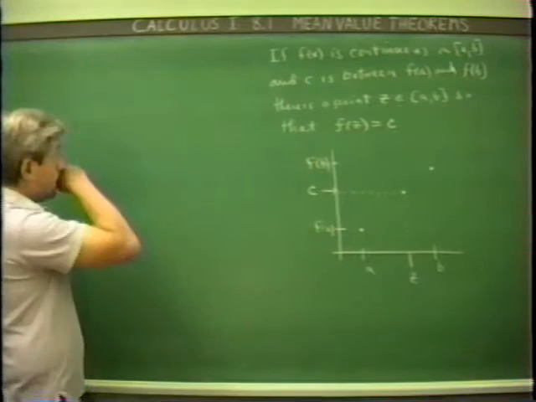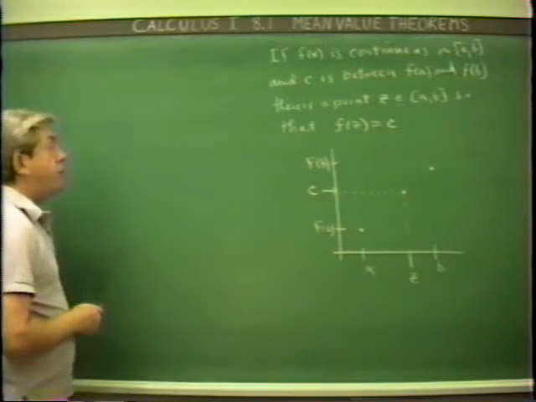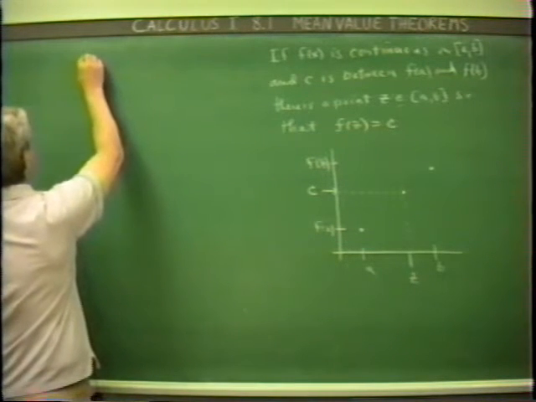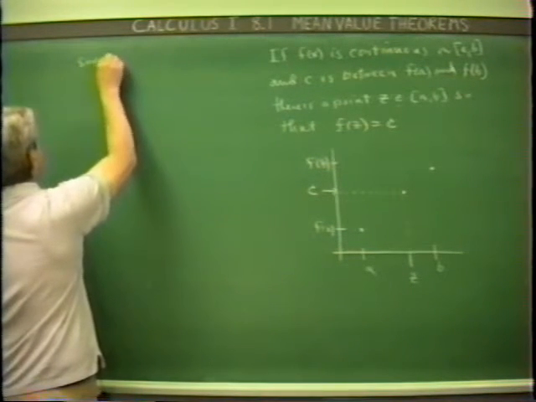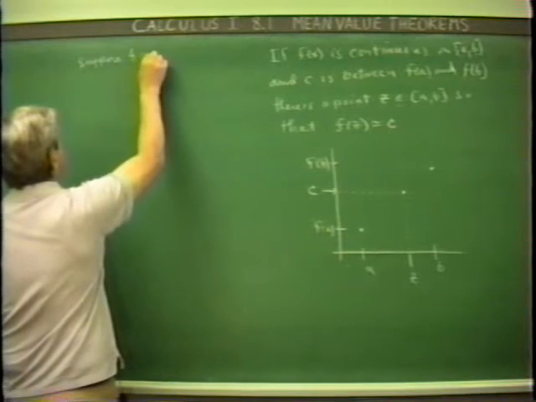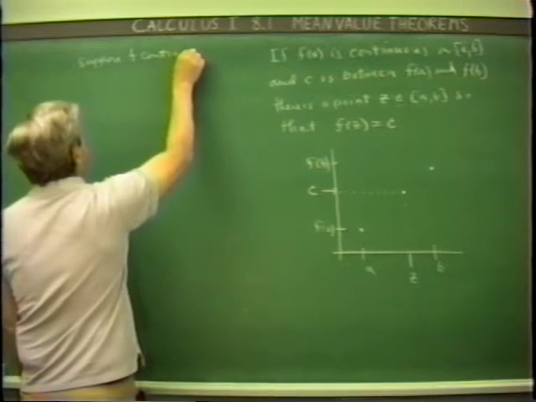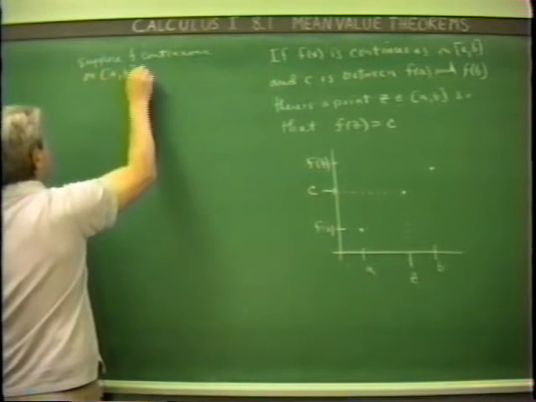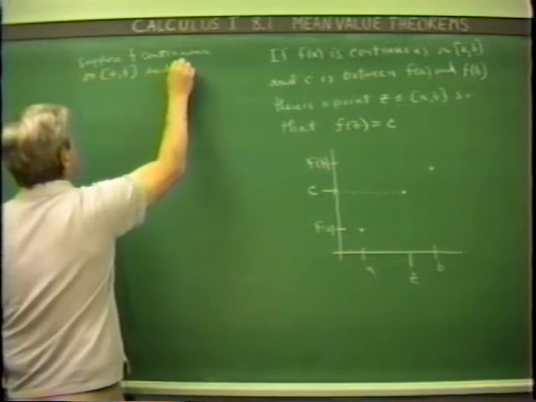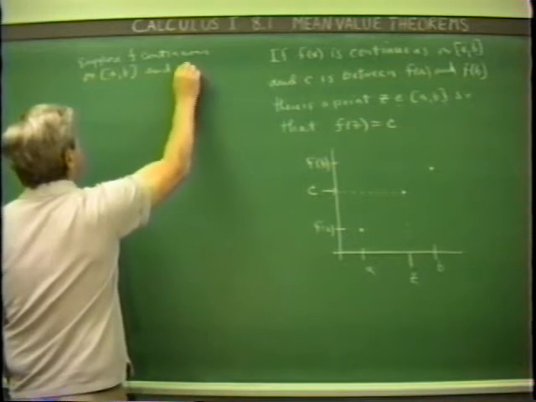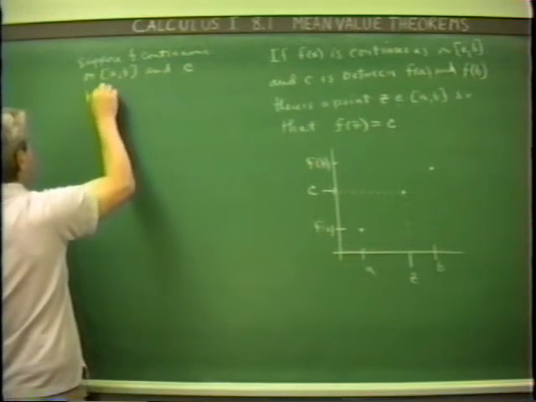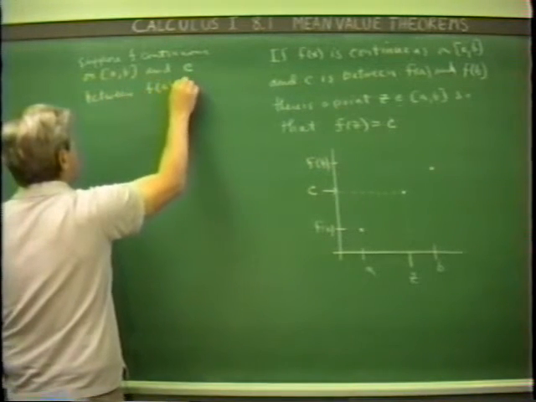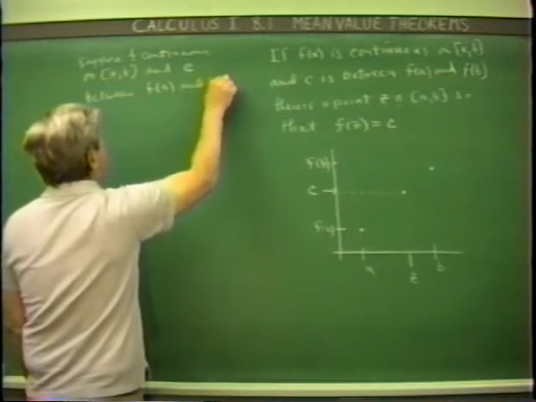To see that this is the case, we're going to follow through a brief proof. Let's suppose f is continuous on [a, b] and C is between f of a and f of b.